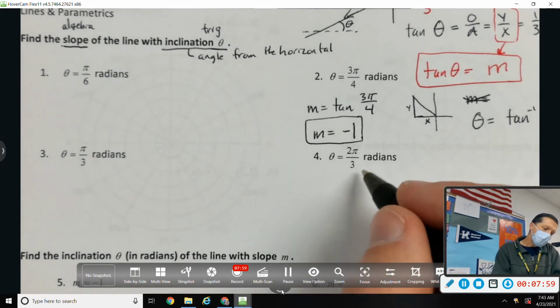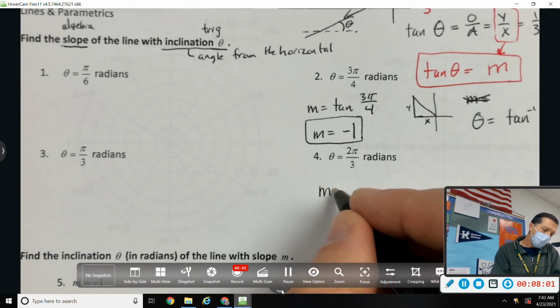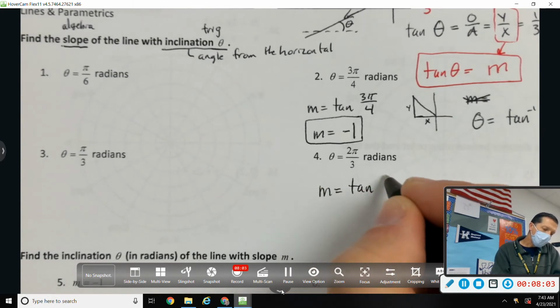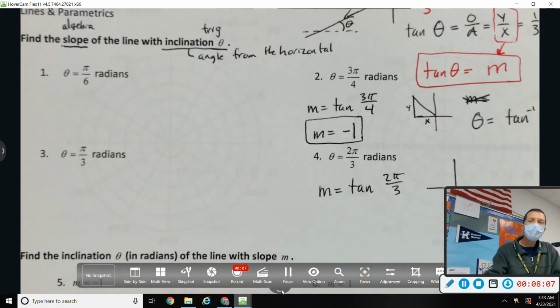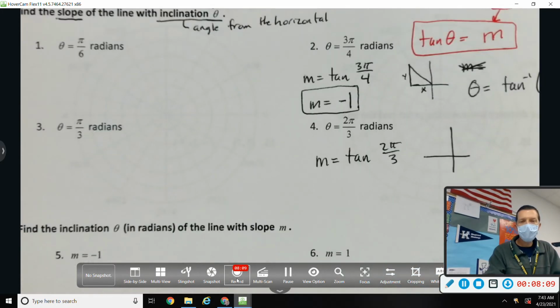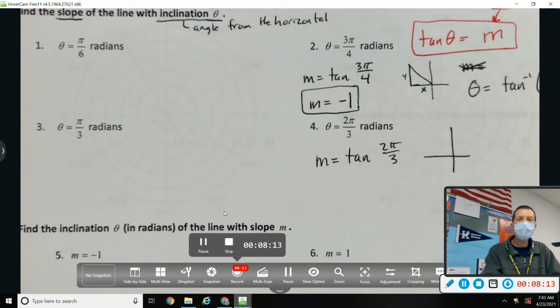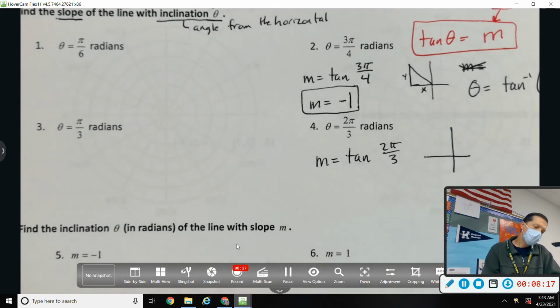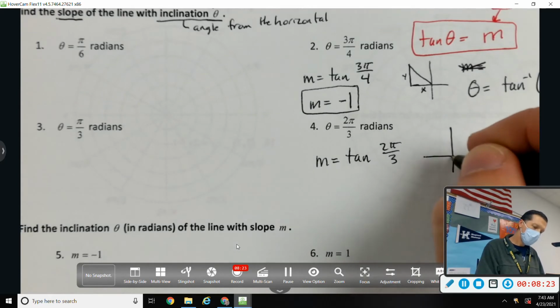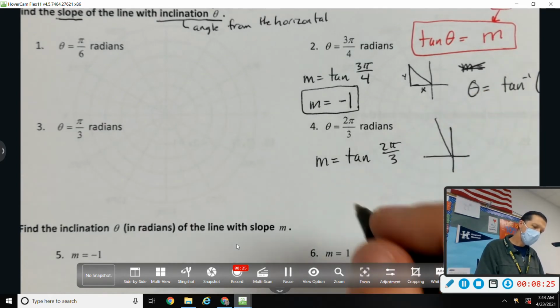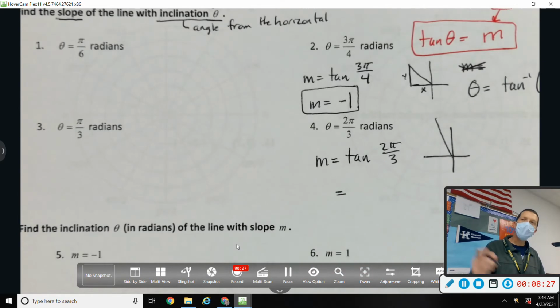If theta equals 2 pi over 3, then the slope is tangent of 2 pi over 3. So, without looking at a unit circle, why don't you see if you can figure out what the tangent of 2 pi over 3 is? What's the 3 rule? You're on the right track.